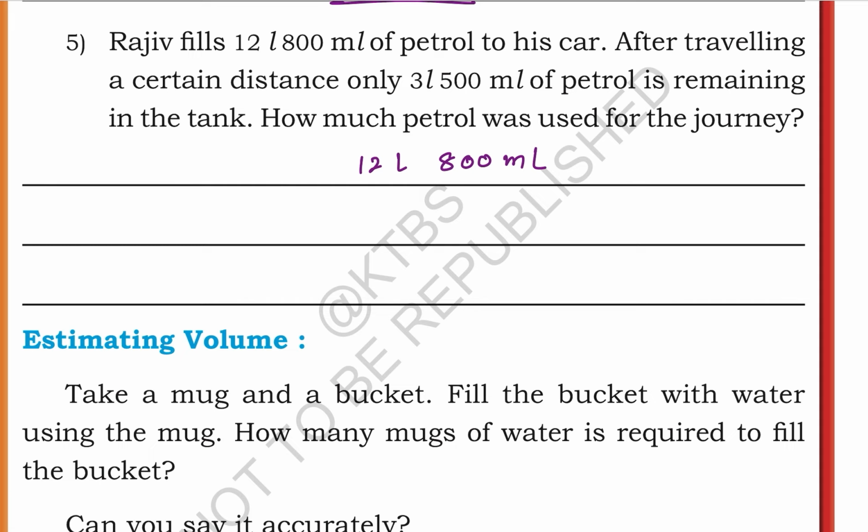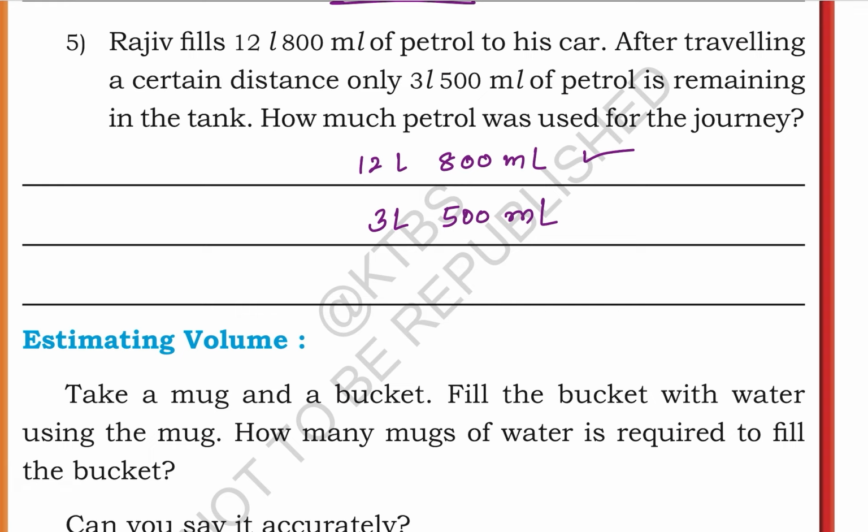What is remaining in this tank after traveling? It is 3 liter and 500 milliliter, still remaining in tank. What is the quantity of petrol he filled? 12 liter 800 milliliter.